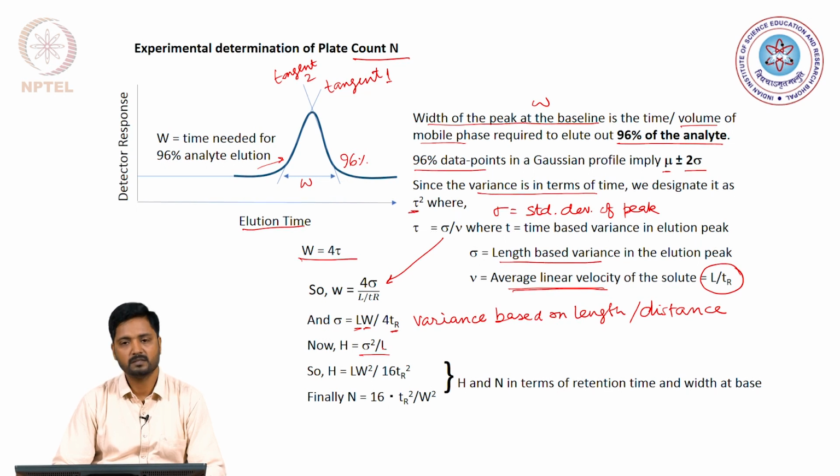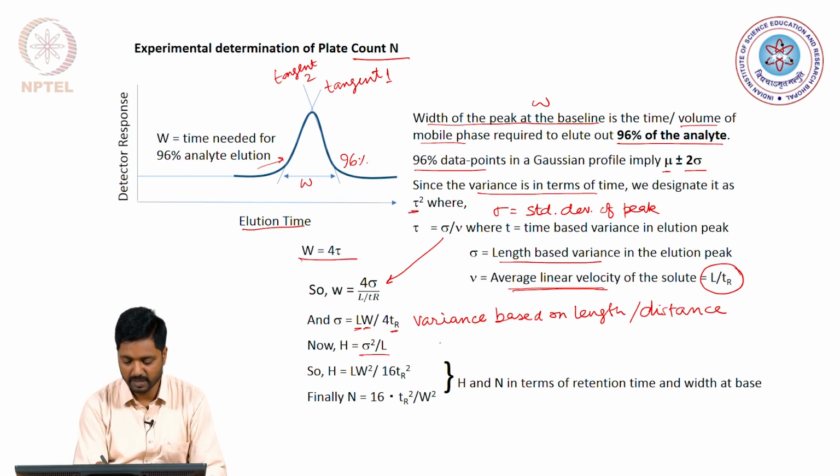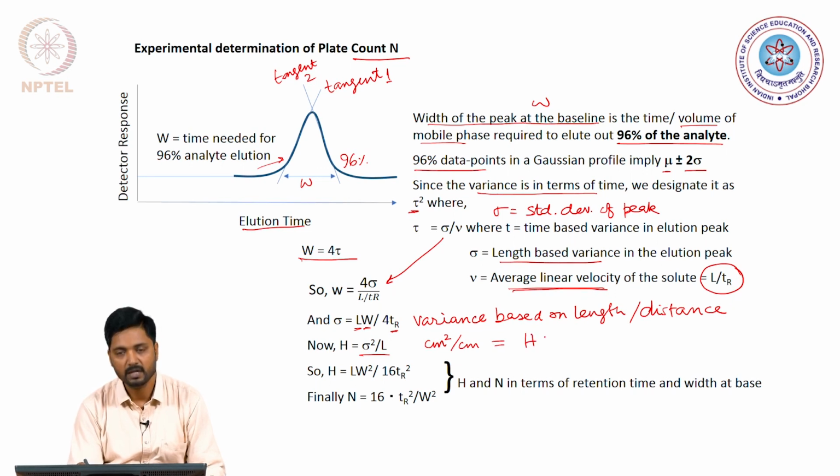So, again please understand that the variance based on the length will have a unit of centimeter square, while the length has the unit of centimeters. So, the h value will be given in terms of centimeters.